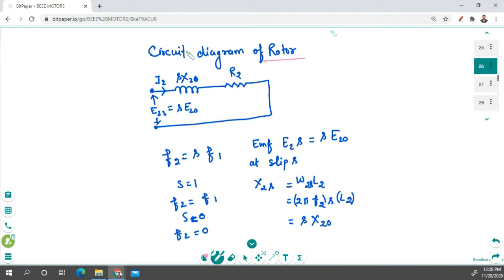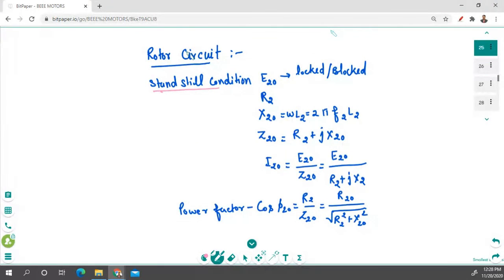The conductor material you have used has some resistance, and the windings placed inside the rotor have some inductance, which is represented by S into X2. Some current I2 is flowing through this winding, and some voltage ES2 is generated across these two output terminals. Clear?